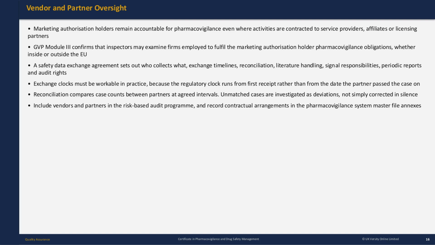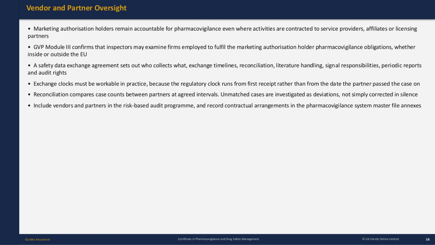Vendor and partner oversight. Marketing authorization holders remain accountable for pharmacovigilance even where activities are contracted to service providers, affiliates, or licensing partners. GVP Module III confirms that inspectors may examine firms employed to fulfill the marketing authorization holder's pharmacovigilance obligations, whether inside or outside the EU.